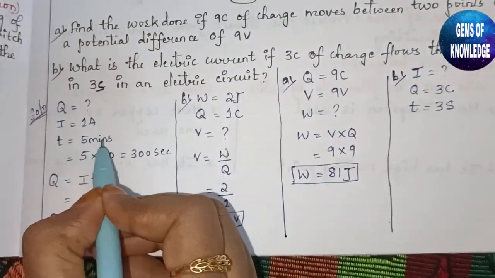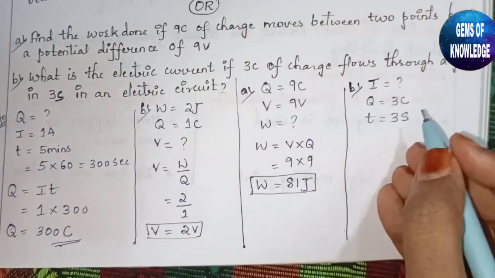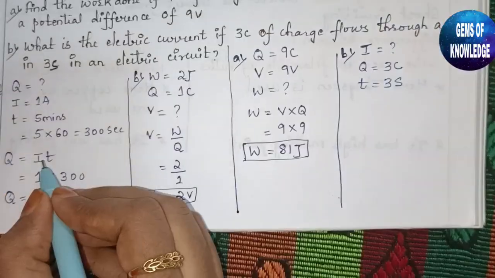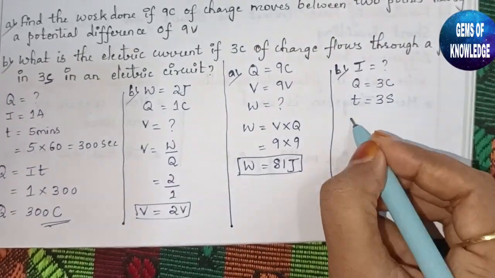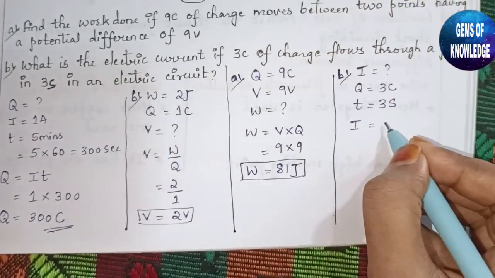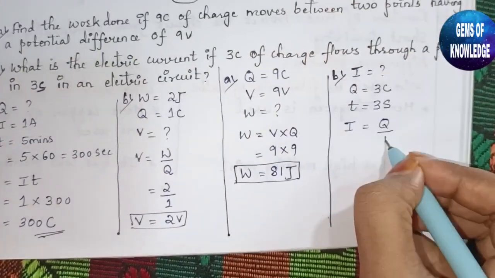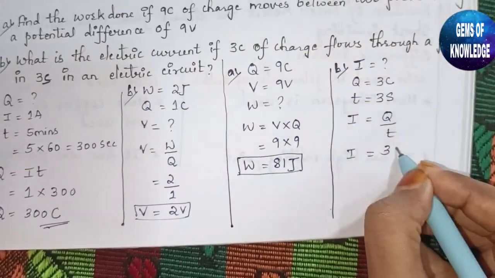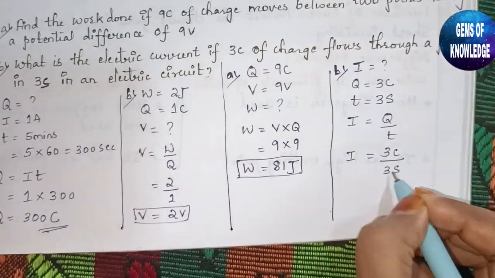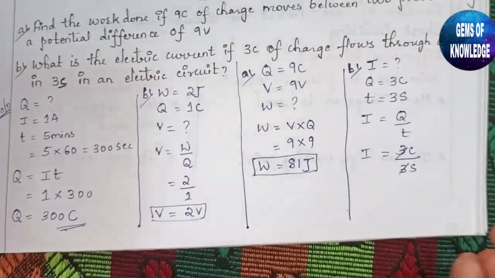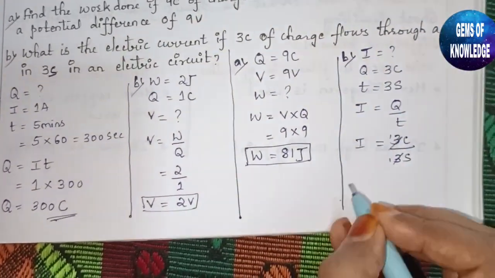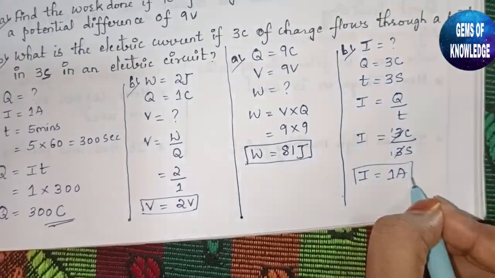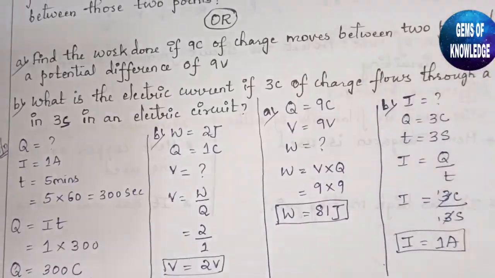Again the same, Q, I and T. We have the formula Q is equal to I into T, so I is equal to Q by T. Just substitute. Q is 3 coulomb divided by 3 seconds. So 3 and 3 get cancelled. I is equal to 1 ampere. So the answer is I is equal to 1 ampere.